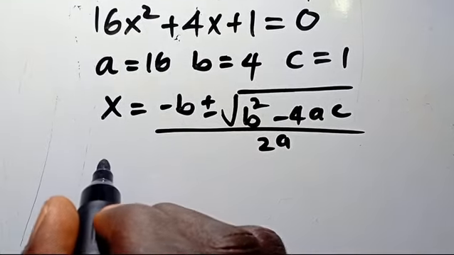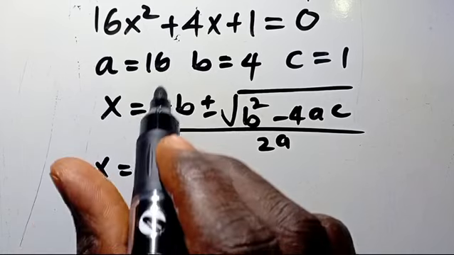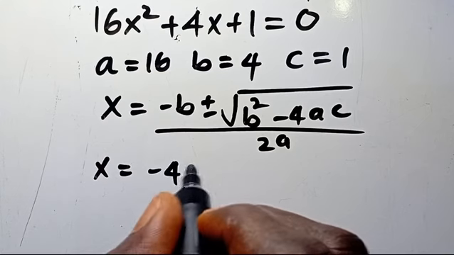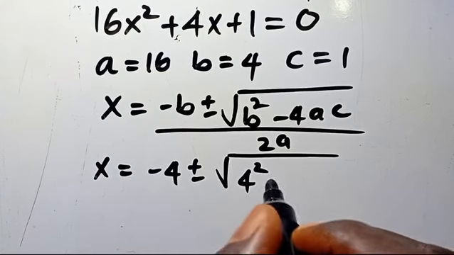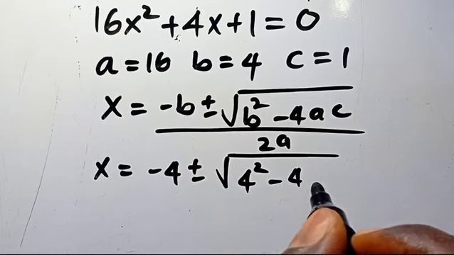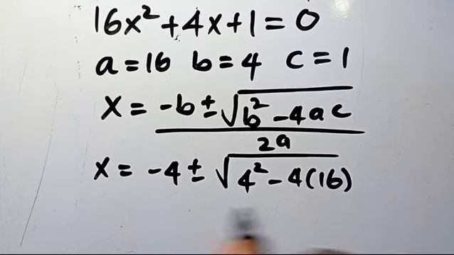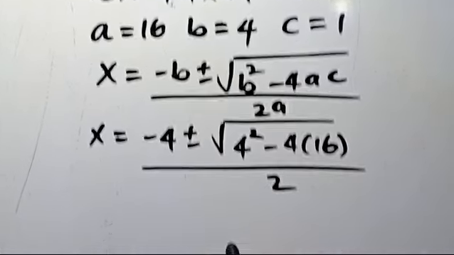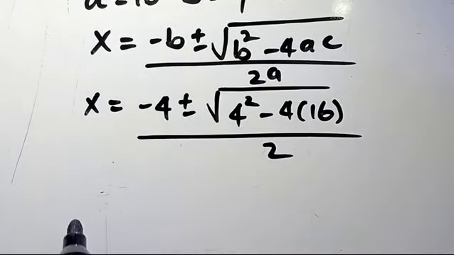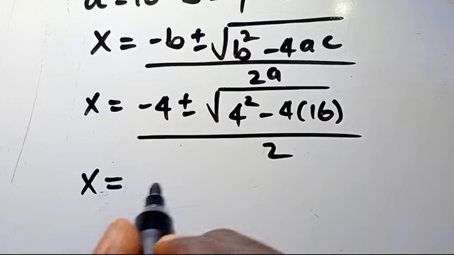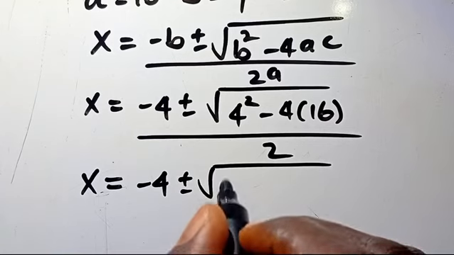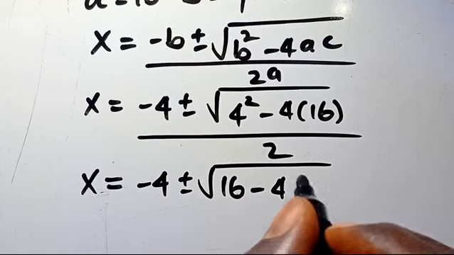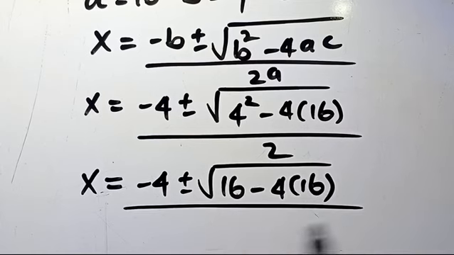So from here we have x equals minus b will be minus 4, positive or negative, 4 squared, minus 4 times a, 16, times c, 1, over 2a.